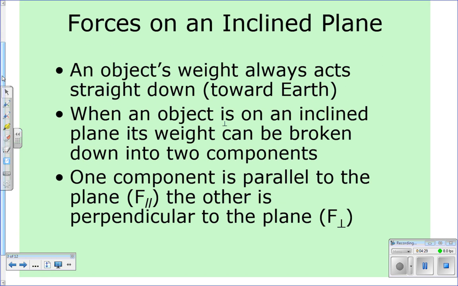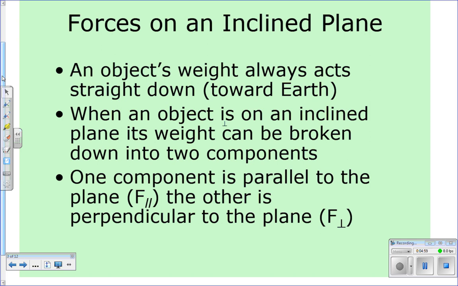In this unit where we're taking these ideas of vectors and applying them, we also get into situations where things are sitting on an inclined plane, a ramp. When things are sitting on an inclined plane, that changes the way we have to look at them, because the surface that it's sitting on is no longer horizontal.